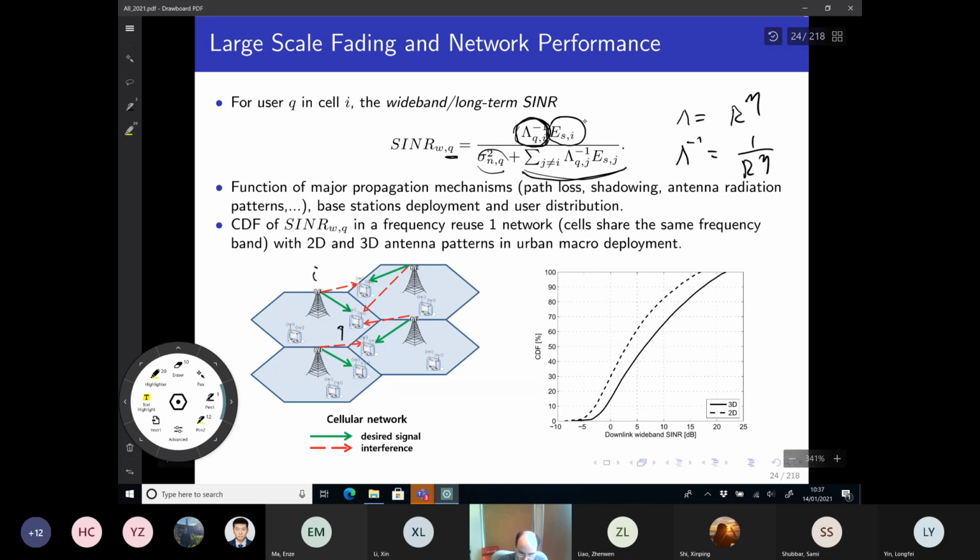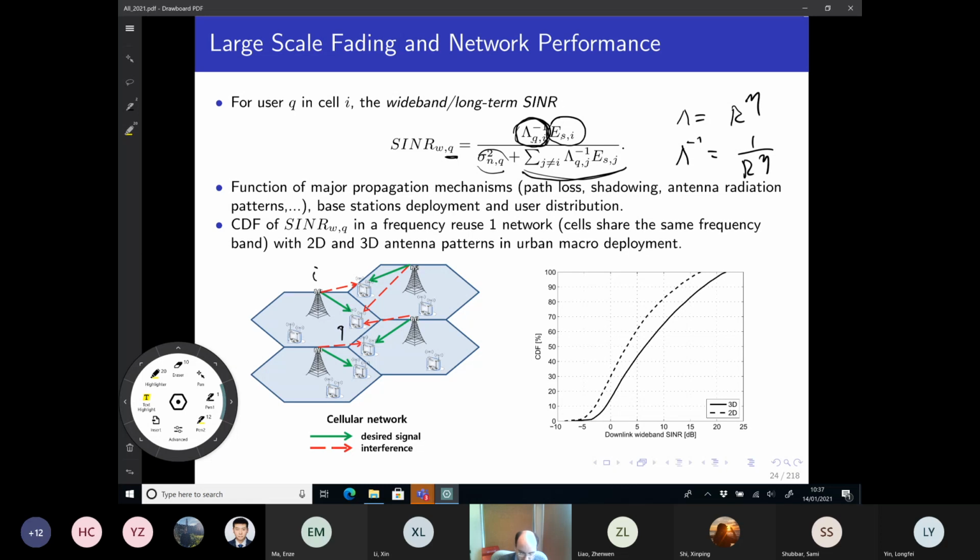So he receives a certain signal power on the red arrow here that is proportional to this. So I have a transmit signal power multiplied here by my path loss and shadowing. This is my long-term received power. And then I divide by the noise I experience at the receiver and the sum of all the interference I see from those red lines here.